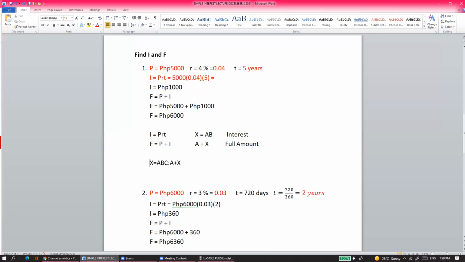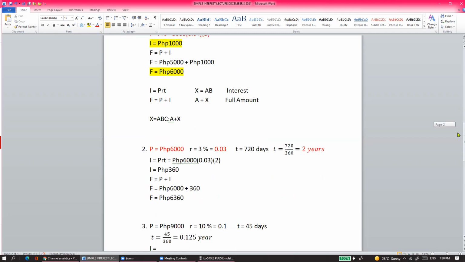Let me see again. Okay. X equals to ABC, then colon A plus X. So I'll show you how. Look at it, anak, no? Yung dalawang kinalculate natin kanina yan, ito, no? Ito yung nakuha nating sagot kanina, 1,000 and then 6,000.